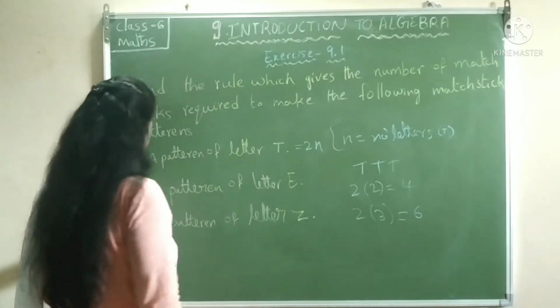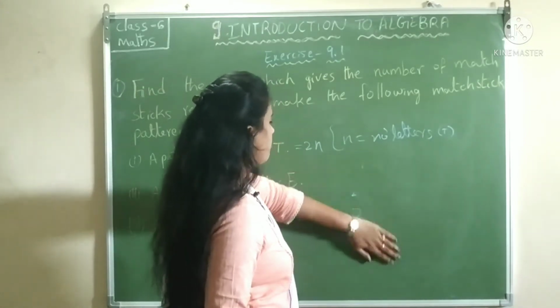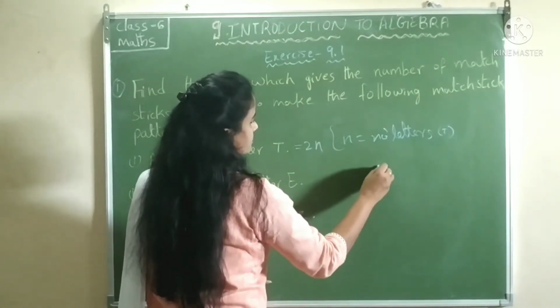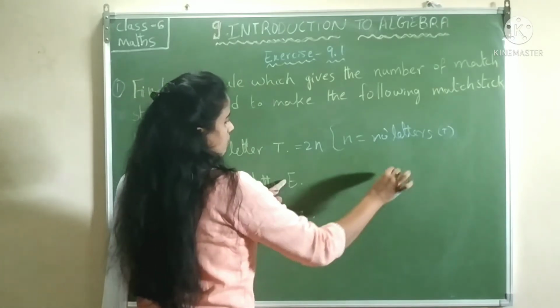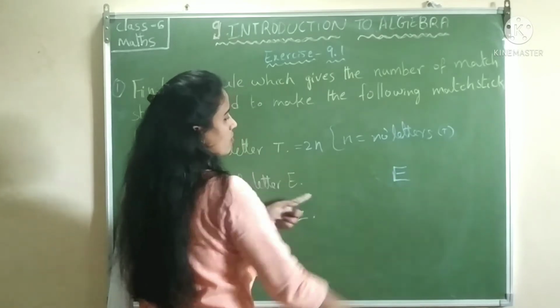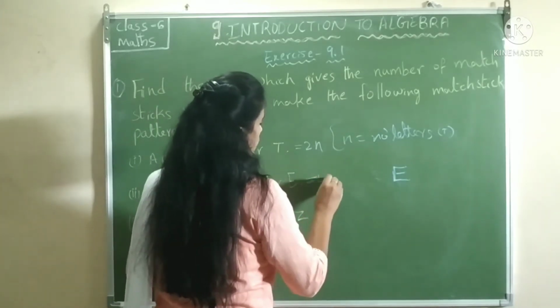And the second one, a pattern of letter E. How many matchsticks are required for the pattern of letter E? Letter E: 1, 2, 3, 4. 4 matchsticks are required. So the rule is 4n.